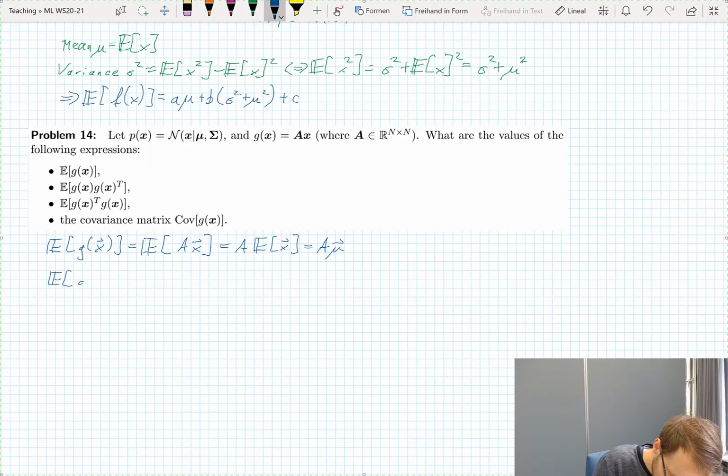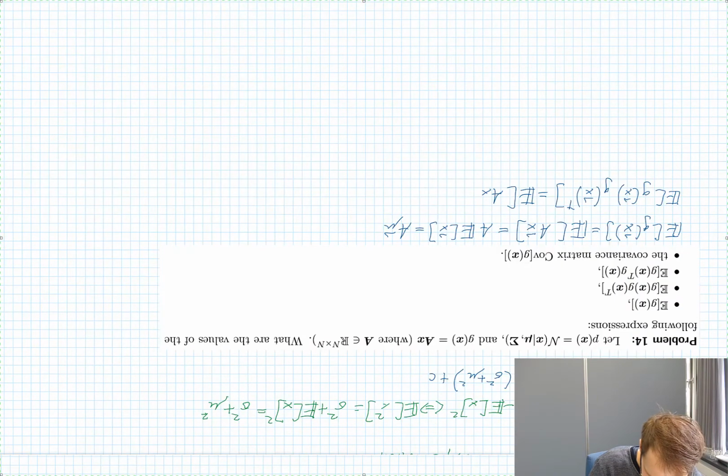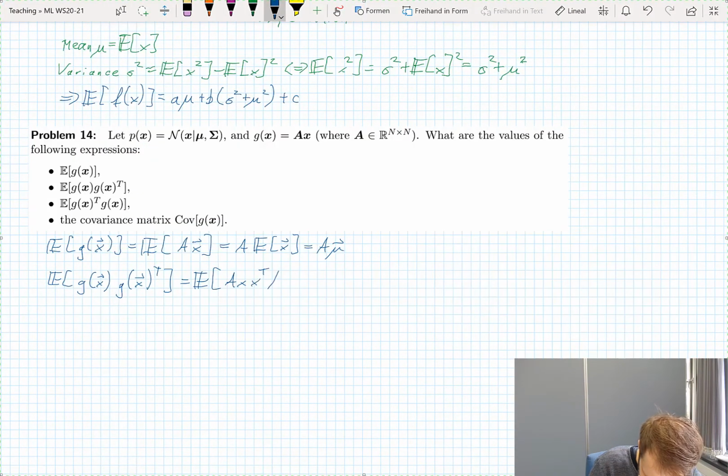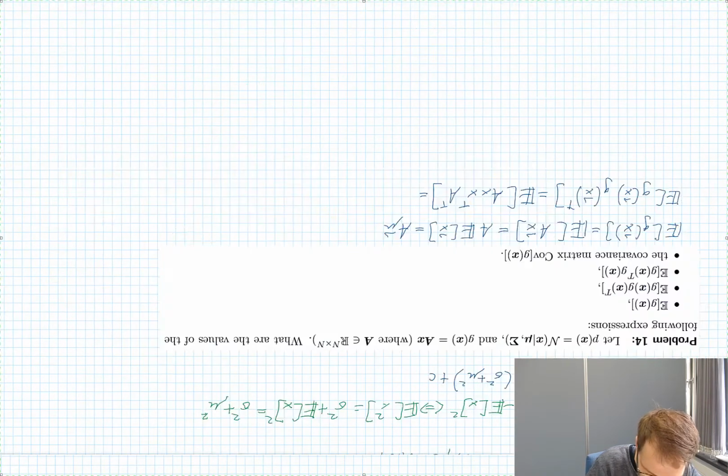Okay, next one. E of g of x g of x transposed. Let's see. So that's the expectation of A x x transposed A transposed. So now again, linearity of expectation.